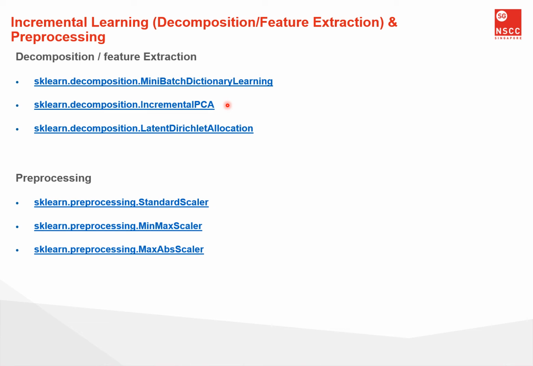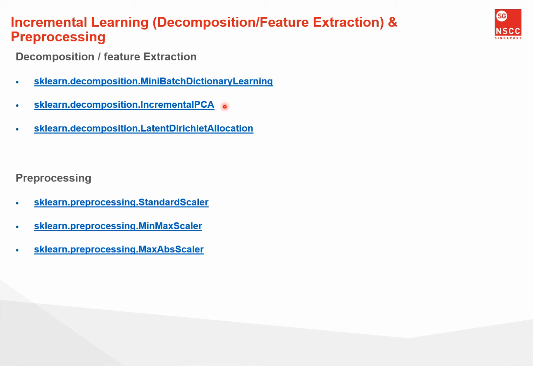Now PCA normally operates over the entire data frame, but if you have a very large data set, it might not be possible for you to run PCA with this huge data frame inside the memory. So they have actually implemented an incremental version of the PCA.